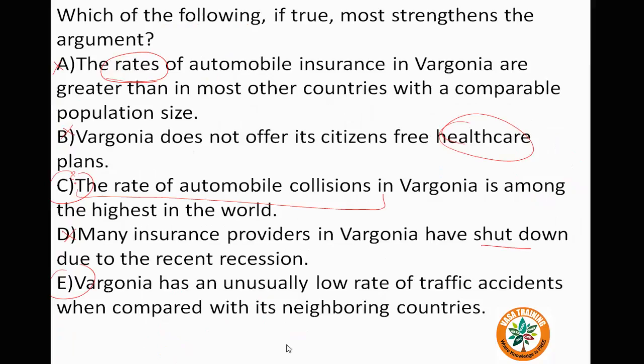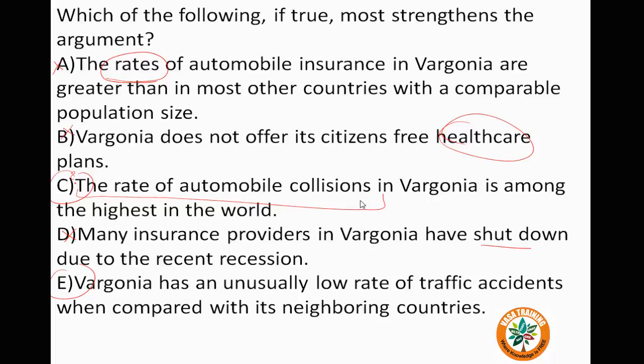So going back to the two choices, C says the rate of automobile collisions in Wagonia is among the highest in the world. So consider the implications of this statement. In a country where the rates of collisions are high, meaning that there are more accidents in Wagonia than anywhere else, the rate of collisions itself could be a reason that the insurance companies have to spend more money.